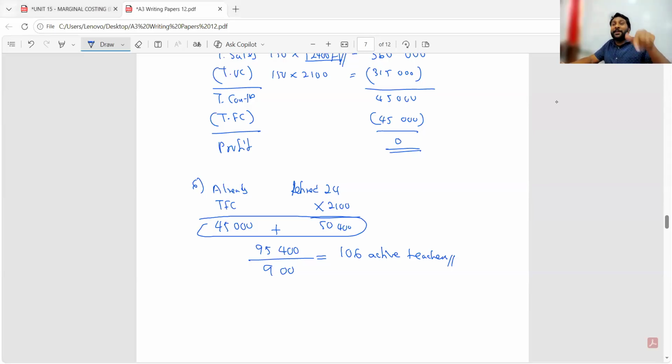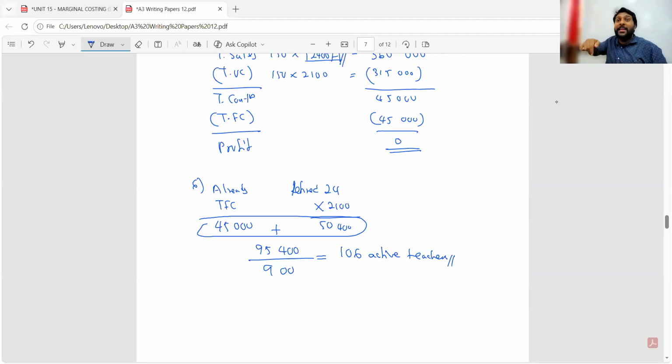If more than 106 comes, as Sanuli is telling, what will happen? The 107th teacher coming, you will be getting 900 rupees, no? Charity donation, surplus. The 108th teacher coming, another 900 rupees that you are getting, no? What is that? Charity donation.